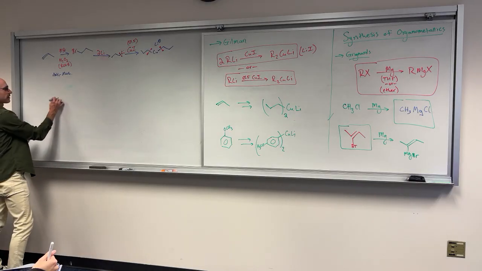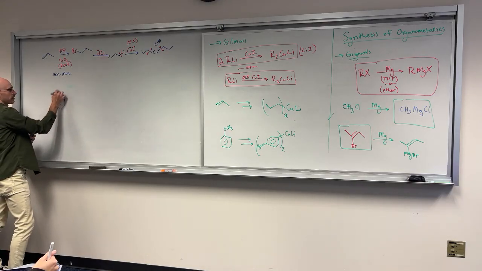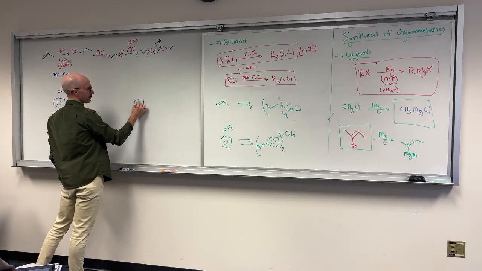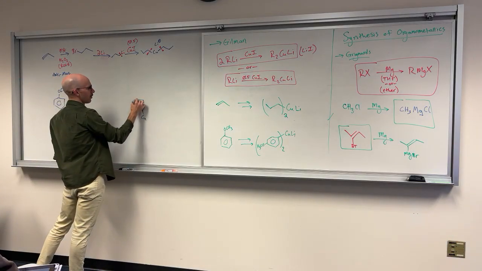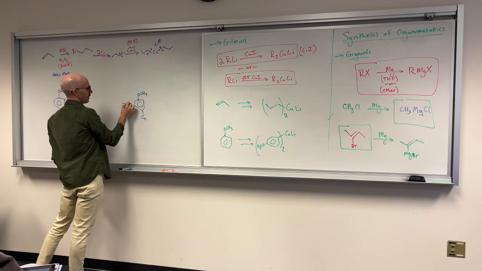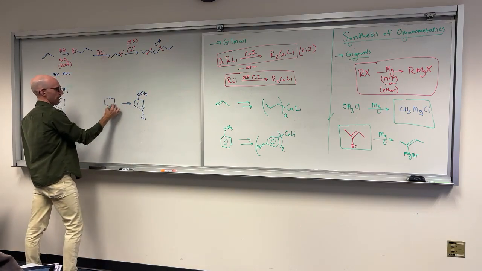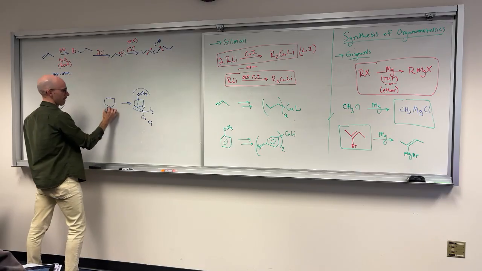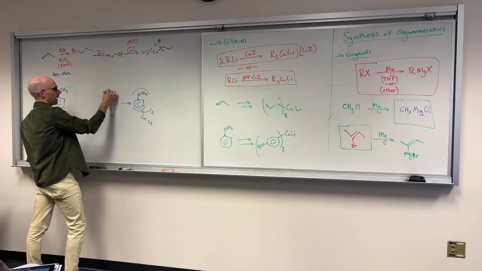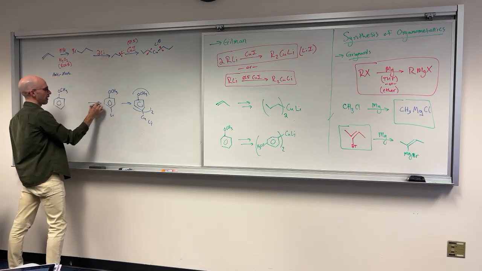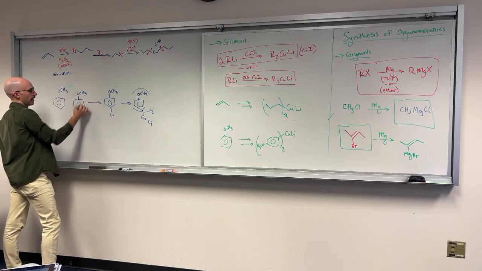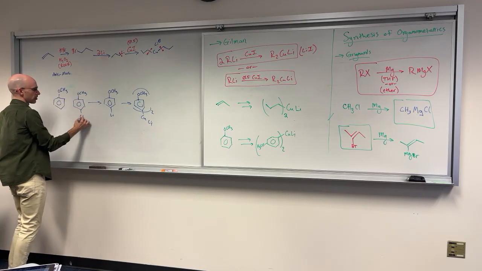The other synthesis, it looked like a lot of you got this. Again, if I'm working backwards from my product, I know that I need to have an organolithium at that para position. And if I need to have an organolithium at that para position, that means I need to have an organohalide at that para position.